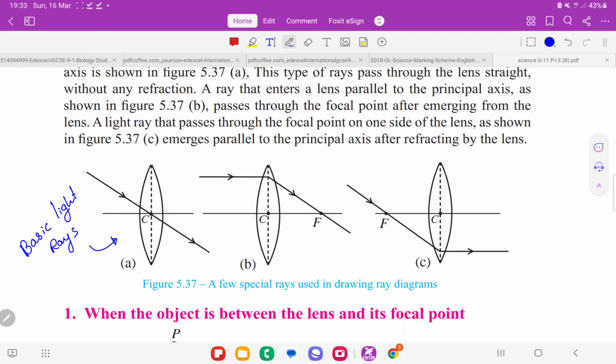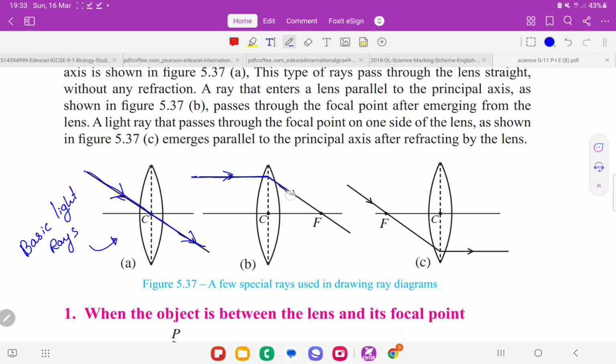One is going through the optical center, which is not refracting, the incident ray and refracted ray go in the same pathway. Then the second one is the light ray that comes parallel to the main axis and goes through the focal point of the lens.